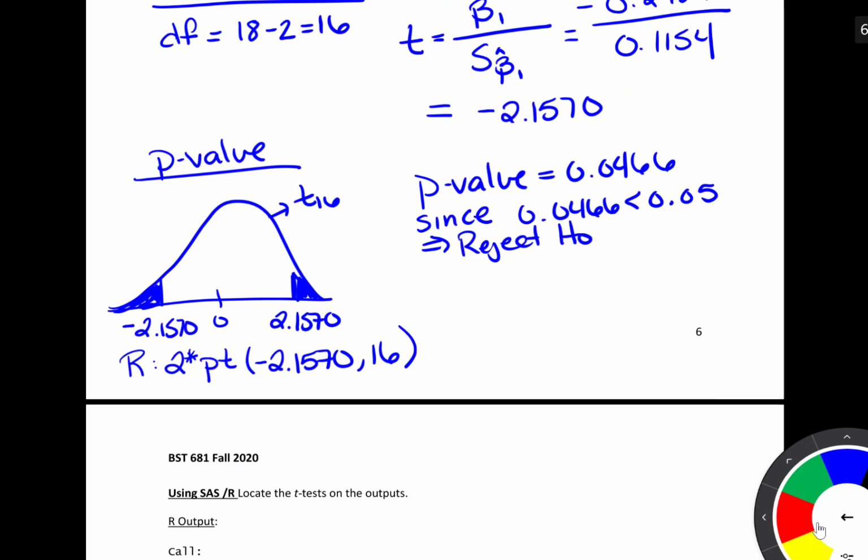So to write a formal conclusion in words for this problem, we would say the following.